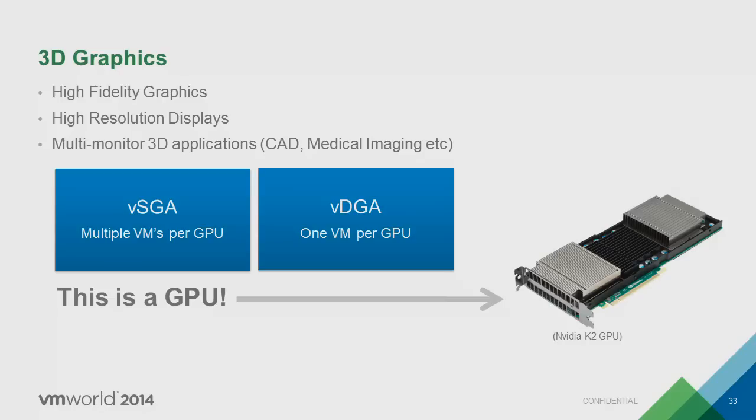You'd use vDGA when you want to use the latest and greatest OpenGL and DirectX versions. vSGA doesn't support the latest versions, so you need to be aware of that. But one key thing to be aware of when you're using high-level graphics within your virtual desktops is that this will really put a big burden on your network from a PCoIP traffic perspective.